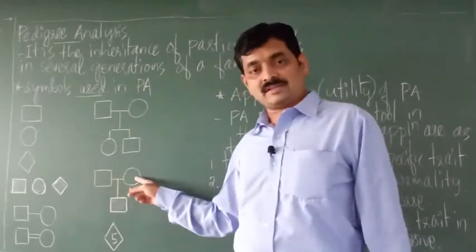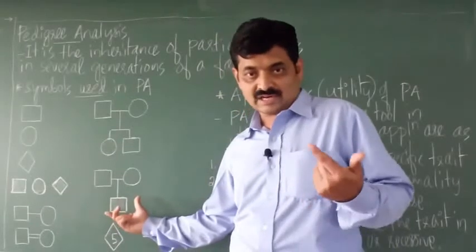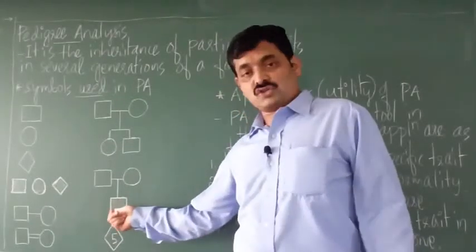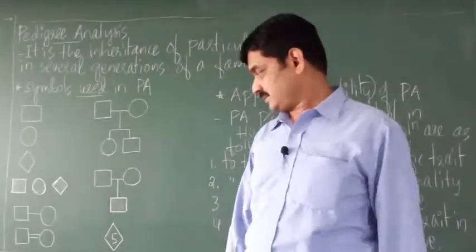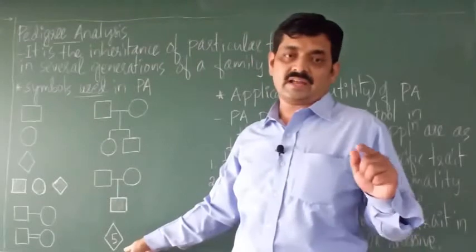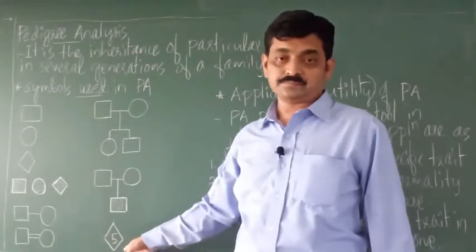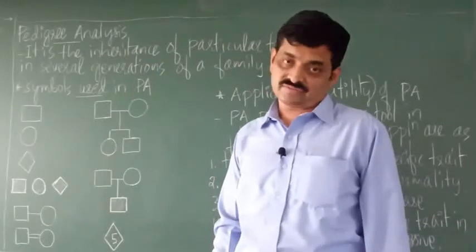So now they can be called parents. They have one child, and it is shaded. Shaded means it is affected, suffering from a disorder or a disease. Then this symbol indicates 5 unaffected offsprings.